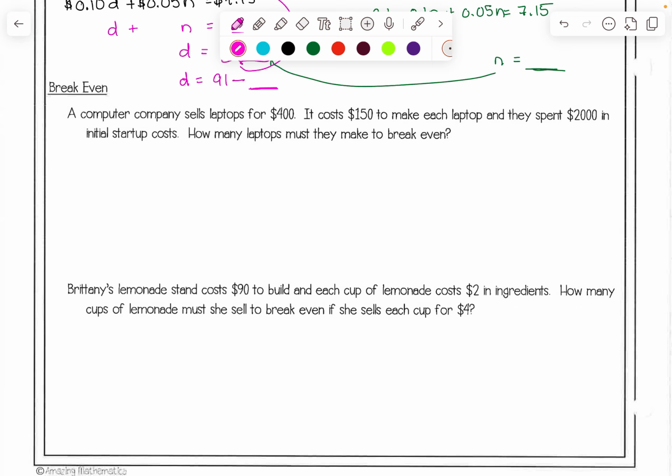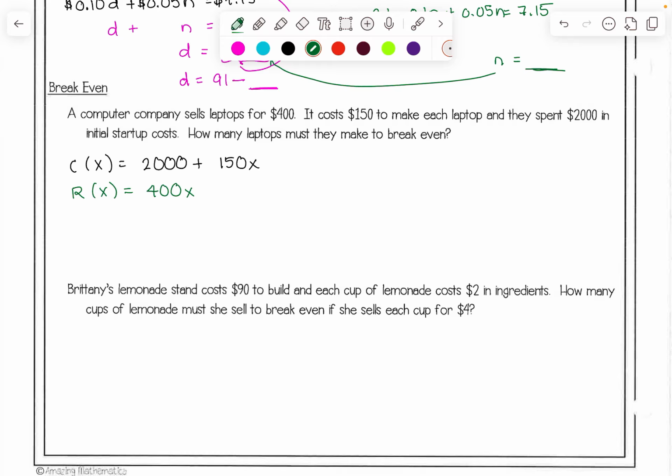Well, folks, the cost for this company is the $2,000 plus $150 it takes to make each laptop. The revenue, what they get in return, is going to be what they sell the laptop for times the number of laptops that they sold.